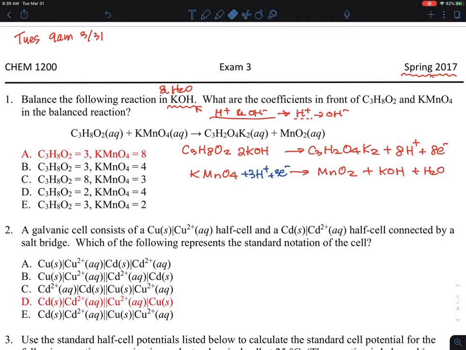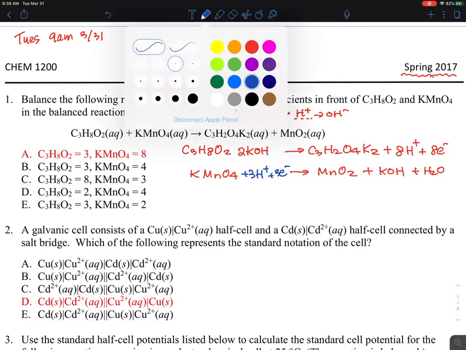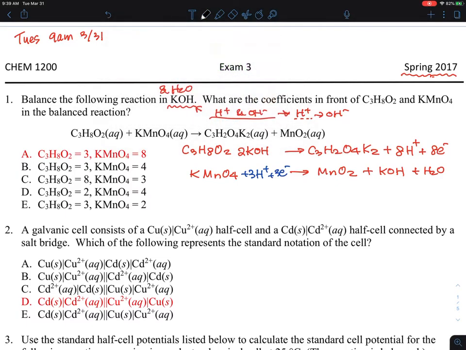Okay, so these are all the balanced reactions, and what I need to do next is essentially get rid of the electrons. The way that I do it is you multiply this reaction by 3, and the other reaction by 8, and you add them up.